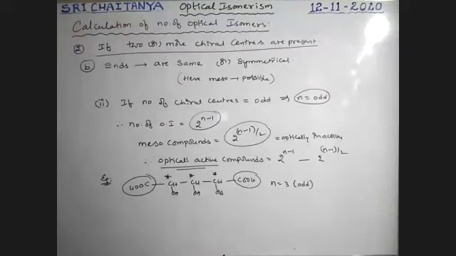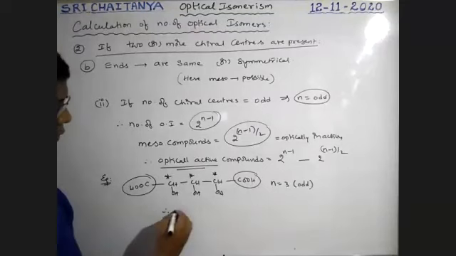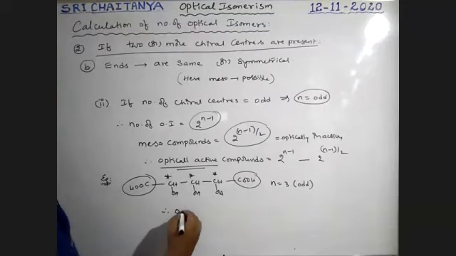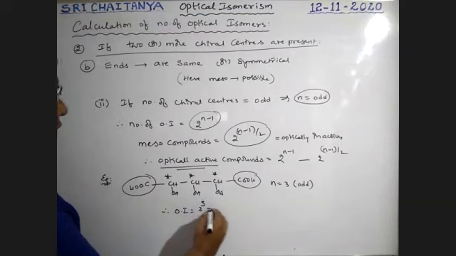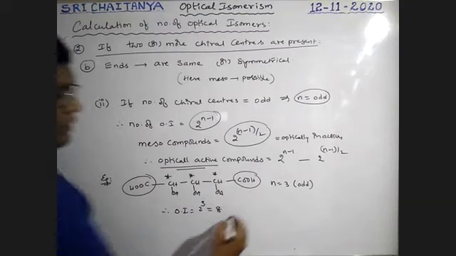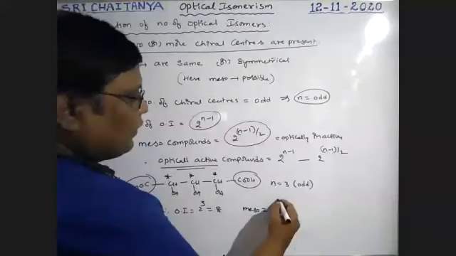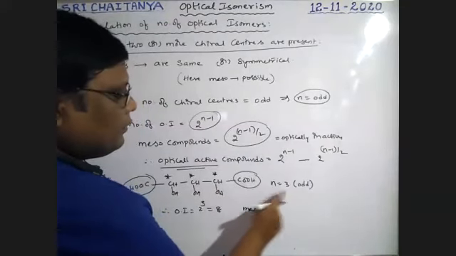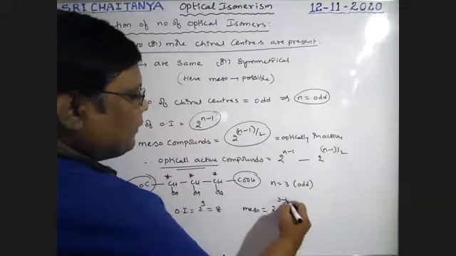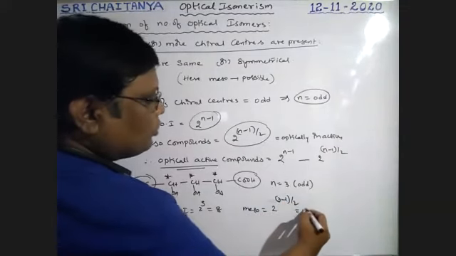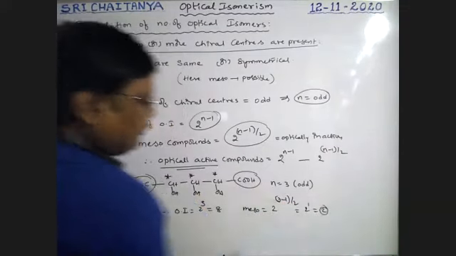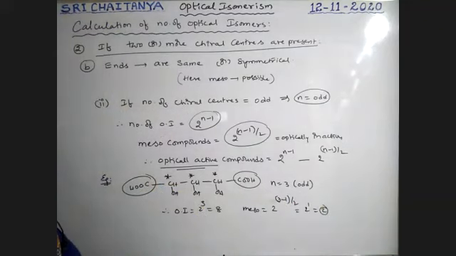Therefore, our formula: optical isomers is equal to 2 power 3, that is 8. Next, meso compounds: 2 power 3 minus 1 by 2, so 2 power 1, that is 2 only.